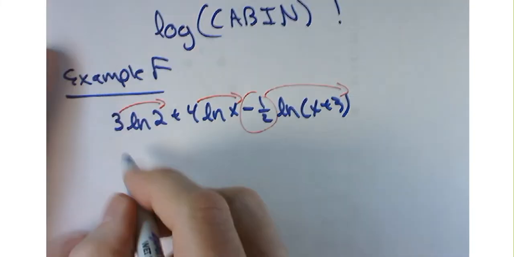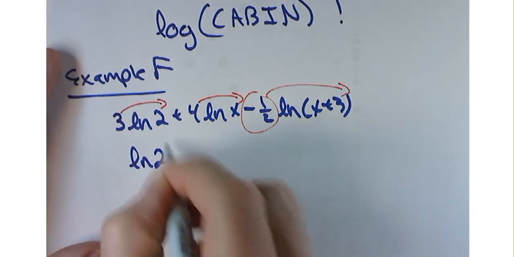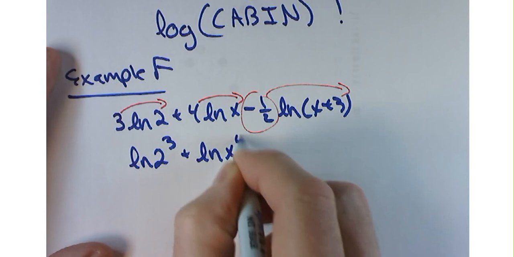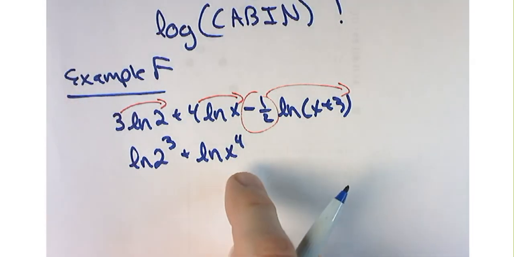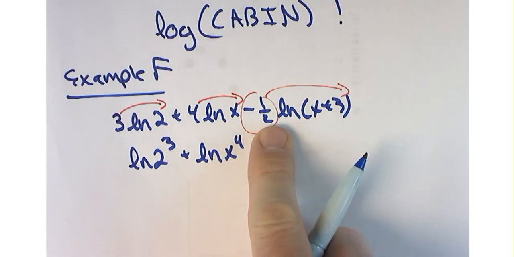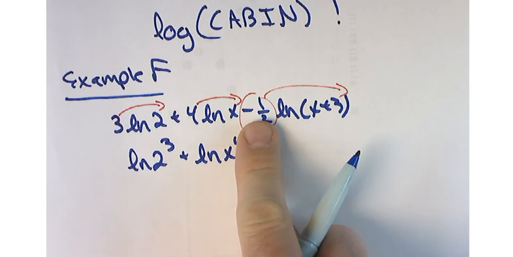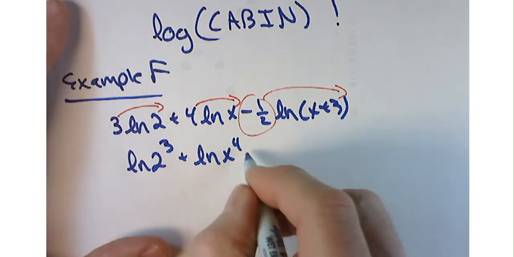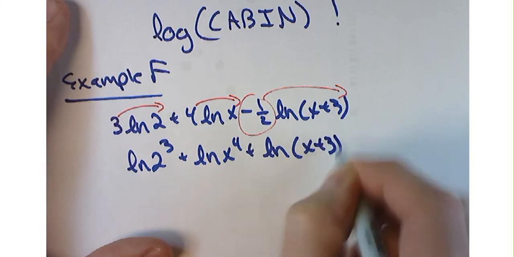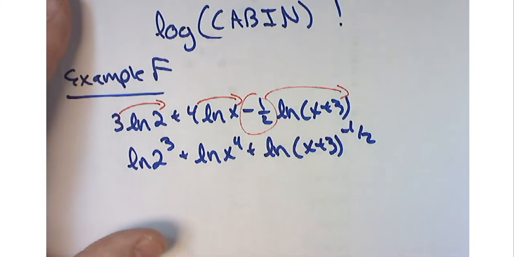So that would be ln of 2 cubed plus ln of x to the fourth. And where I might be different than my colleagues is I'm not only going to take the 3 and the 4 into the exponent, but I'm going to take the negative 1/2 as well. So it's going to be plus ln of x plus 3 to the negative 1/2.